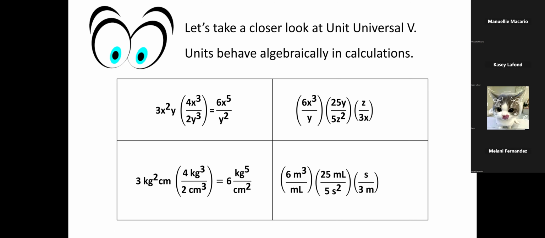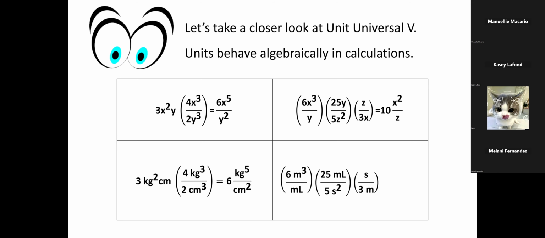So there'll be no y's in our final expression. When we put all our numbers together, I think we end up with a 10. And for our x's, we've got an x cubed in the top and a single x in the bottom. So one of our x's will cancel and we'll have only two x's, or x squared, up on the top there. And similarly for our z, there's only going to be a partial cancellation there.